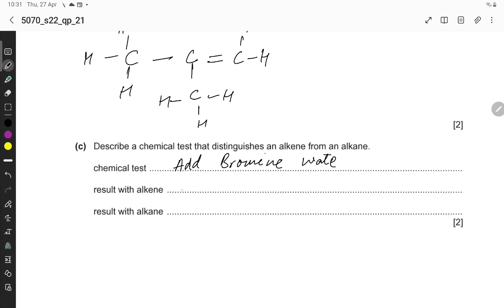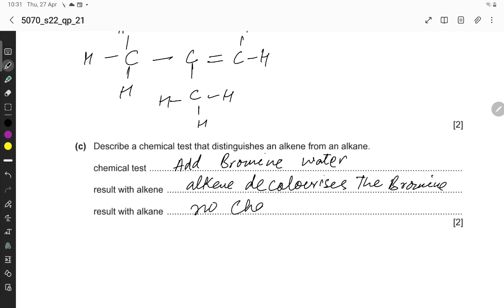Result with alkene: the alkene decolorizes the bromine. No change with alkane.